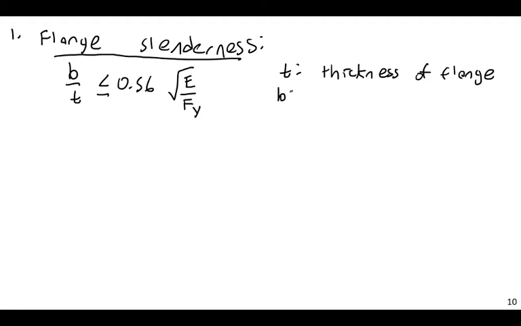Typically, at least for W sections, b is half of the overall flange width, because we're talking about the independent elements of a wide flange shape.